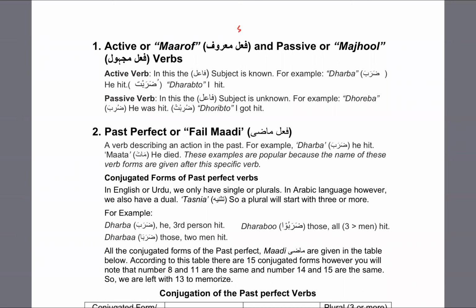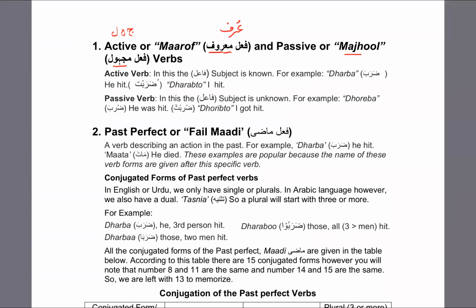This word maruf is from urf. Urf means recognition, to recognize something. Maruf means something recognized or popular. Active or maruf, and passive or majhul. Majhul is from the word jahal, jim, ha, lam, and that means not knowing.